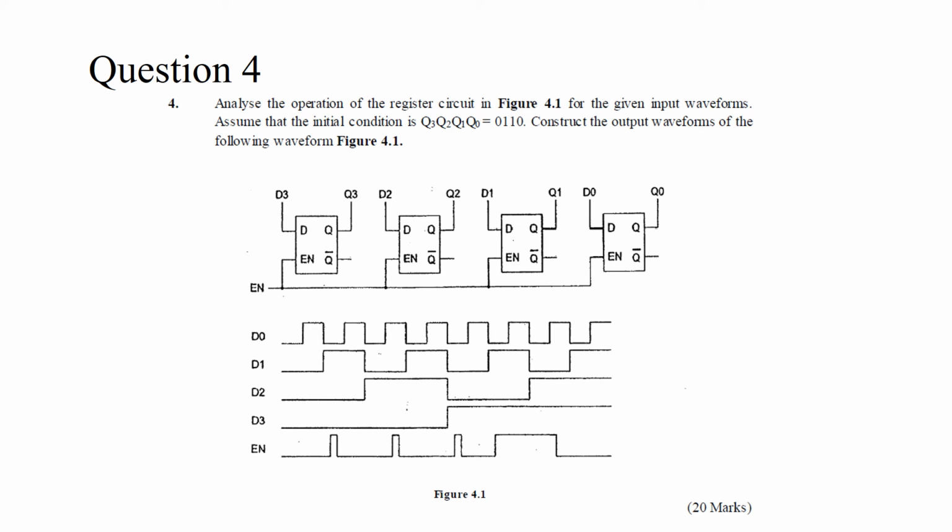Each Q output has an initial condition: Q0 will start the waveform with 0, Q1 will start the waveform with 1, Q2 will start the waveform with 1, and Q3 will start the waveform with 0.